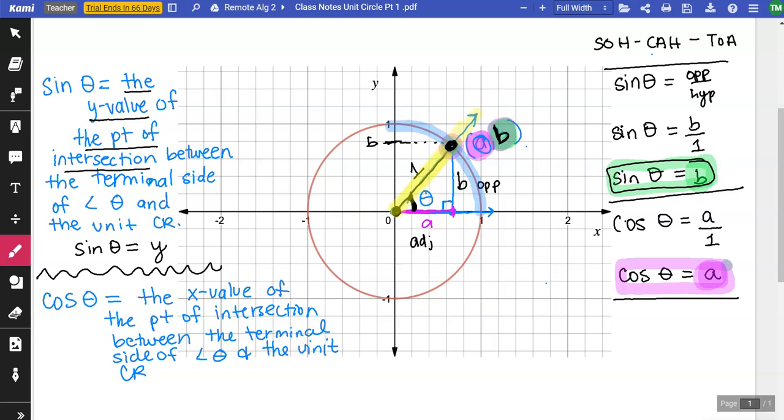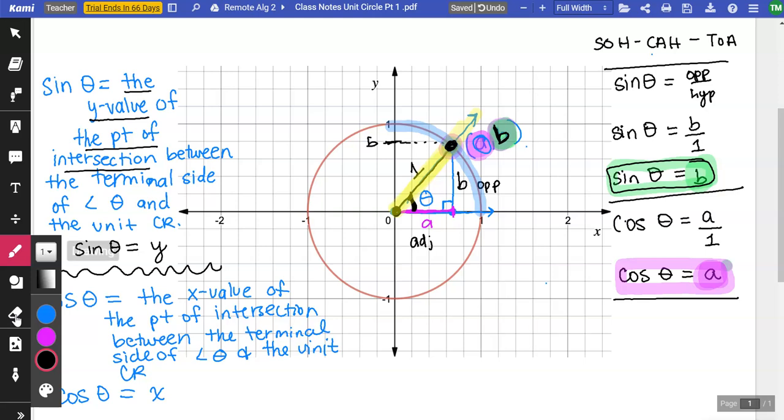So that means that the cosine of theta is really equal to x, the x value of that point of intersection. So if you know what this point is, if you know what these values are, then you know the sine and the cosine of theta.